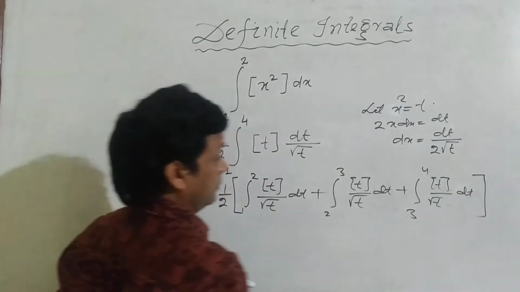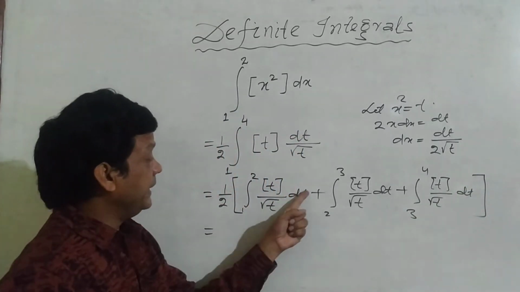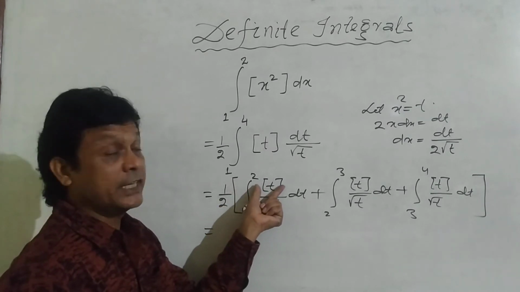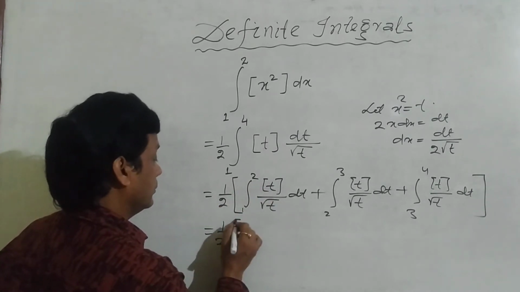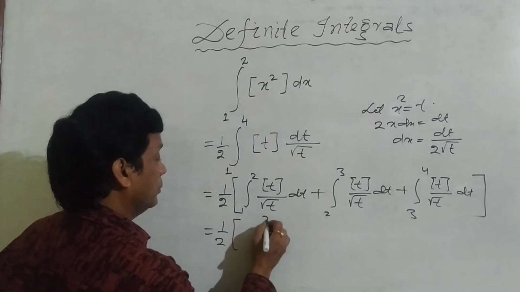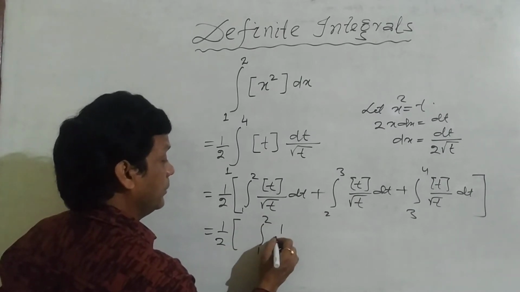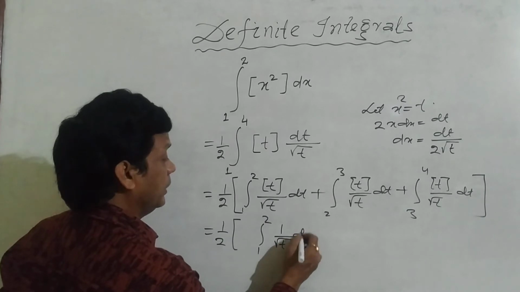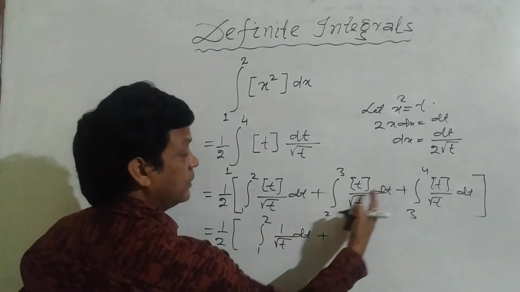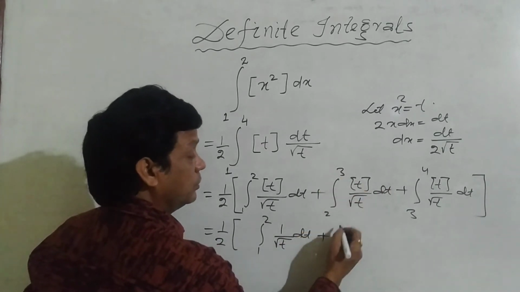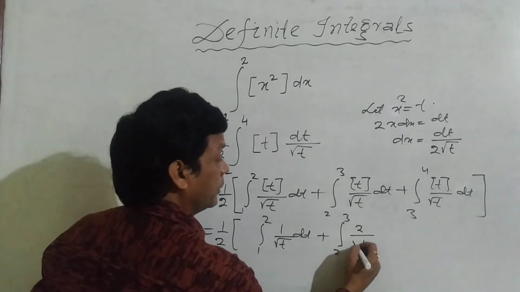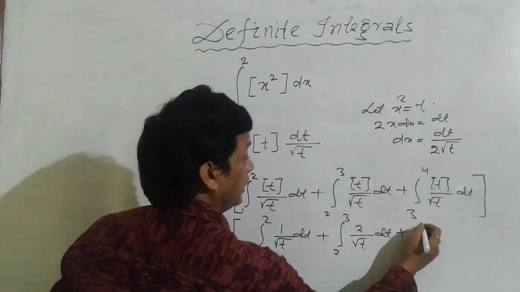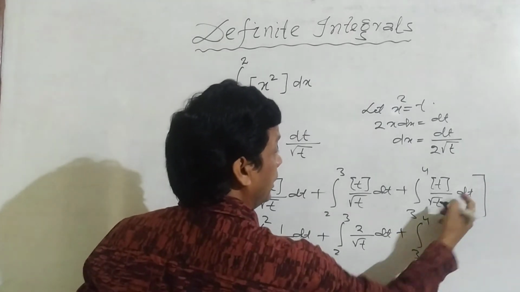Now when t lies between 1 and 2, the value of bracket t is 1. So put 1 here. So 1 to 2, take 1 outside: 1 by root over of t dt. When t lies between 2 and 3, the value of bracket t is 2. So 2 to 3: 2 by root over of t dt.